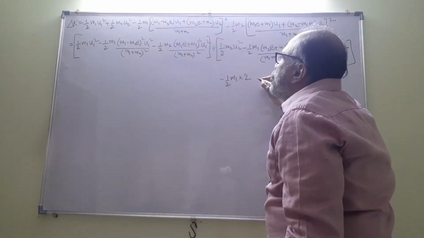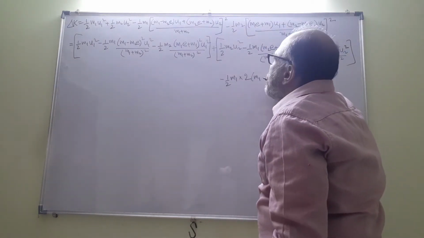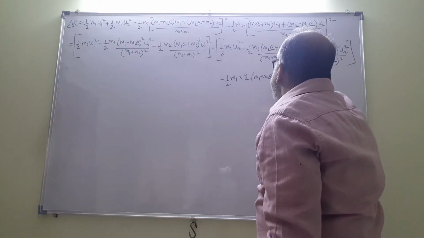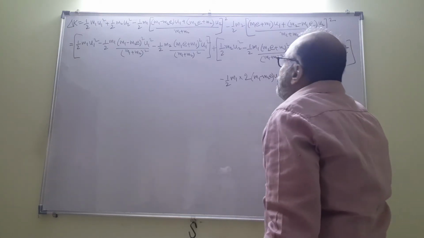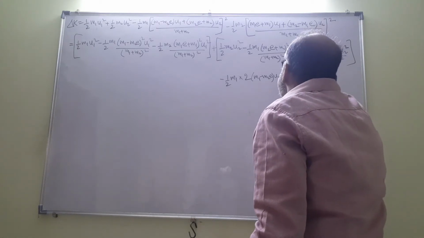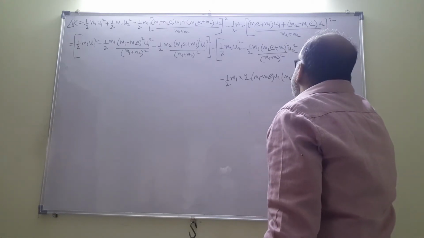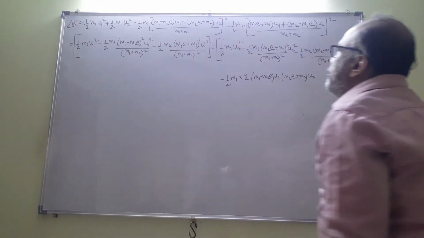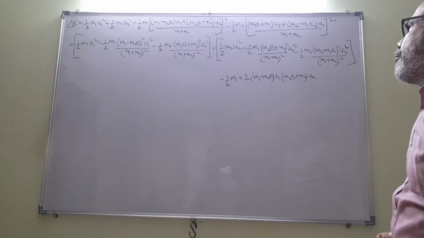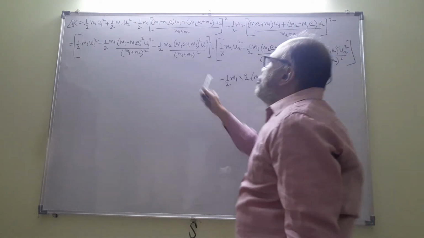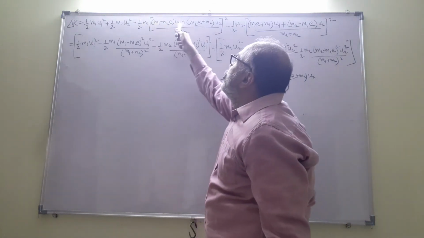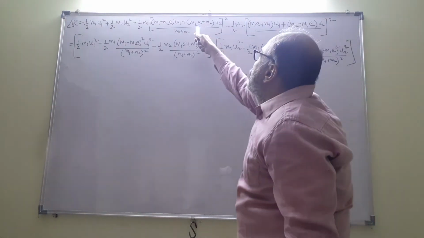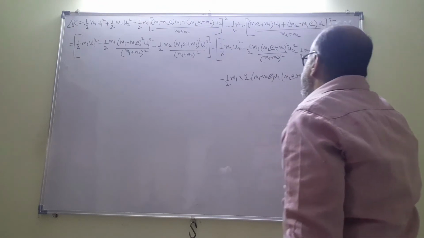So 2 into (m1 minus m2 e) u1 into (m2 e plus m2) u2. That will be one term: minus half m1, 2 into (m1 minus m2 e) u1 into (m2 e plus m2) u2.